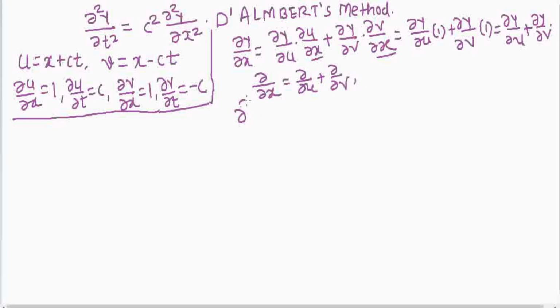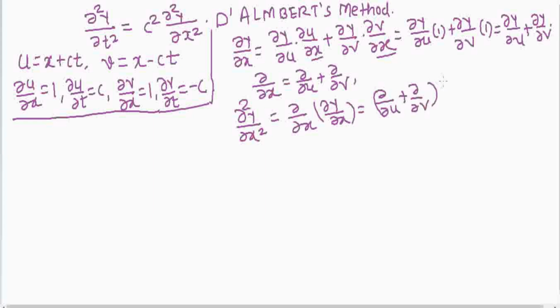Then del 2y by del x square equal to, that means del by del x of del y by del x, equal to del by del u plus del by del v of del y by del x, that is del y by del u plus del y by del v.